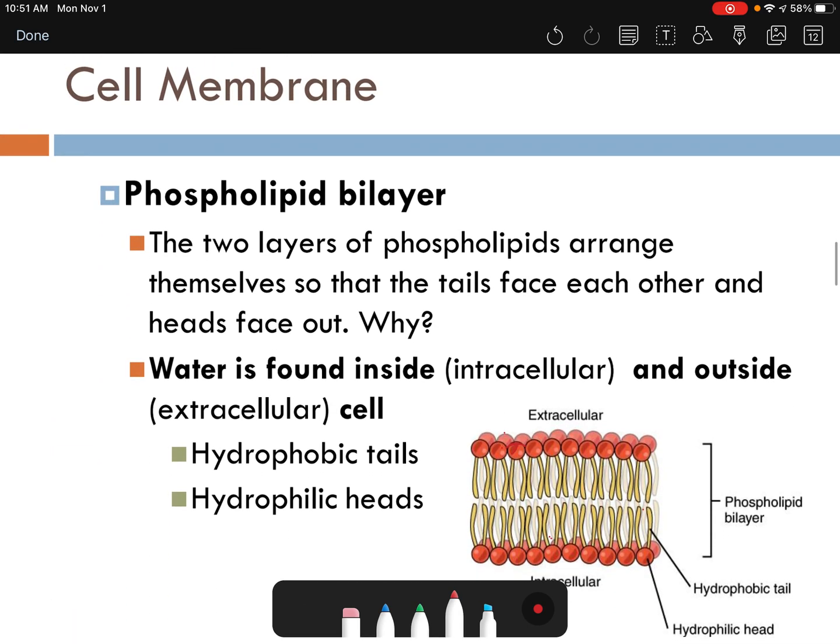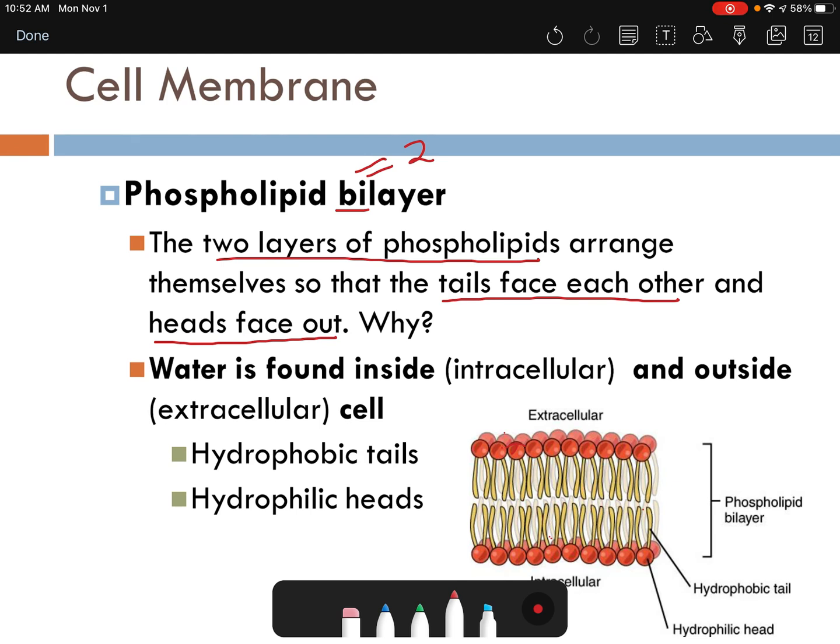So, like I said, the cell membrane is a phospholipid bilayer. Bi means two. There's two layers of them. Two layers of phospholipids, and they arrange themselves so that the tails face each other and the heads face out. Well, why is that? That seems kind of odd that they'd be facing that way.